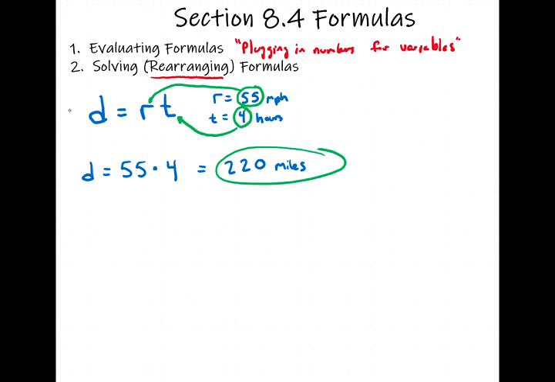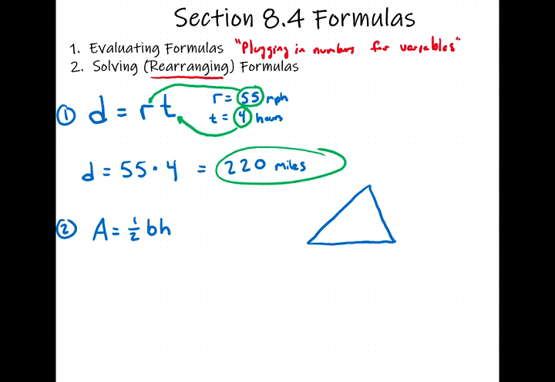Let's do one more of these. So I'll label this as question 1. Let's do another one of these. Let's say we have the area of a triangle. And the area of a triangle, area equals 1/2 times the base times the height. So let's say we're given, it doesn't have to be a right triangle. Let's just make it something like this.